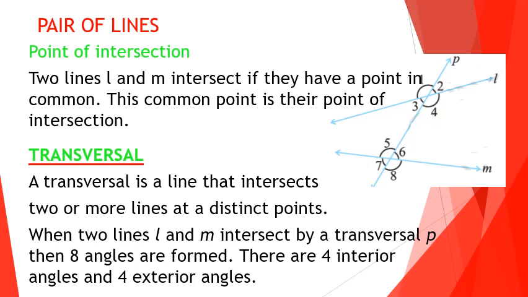So from the figure it is understood angle 3, angle 4, angle 5 and angle 6 are interior angles. Similarly angle 1, angle 2, angle 7 and angle 8 are the exterior angles.